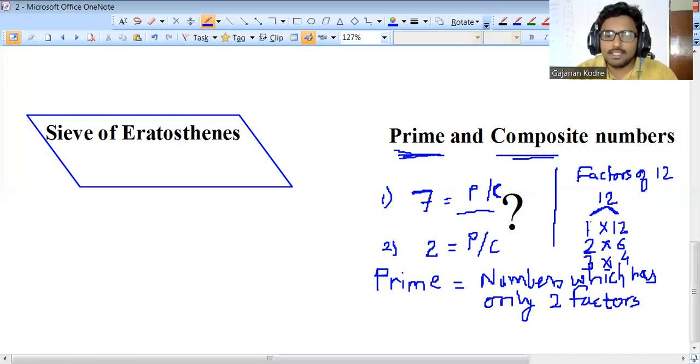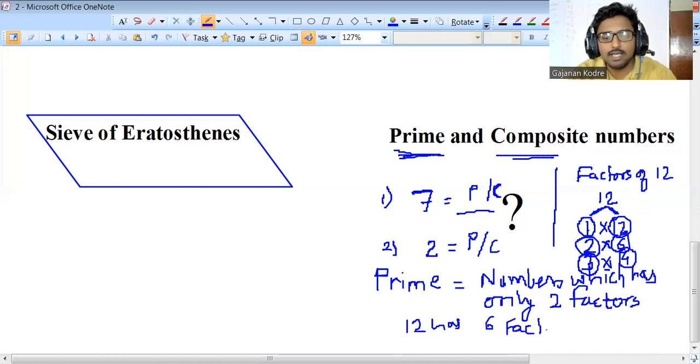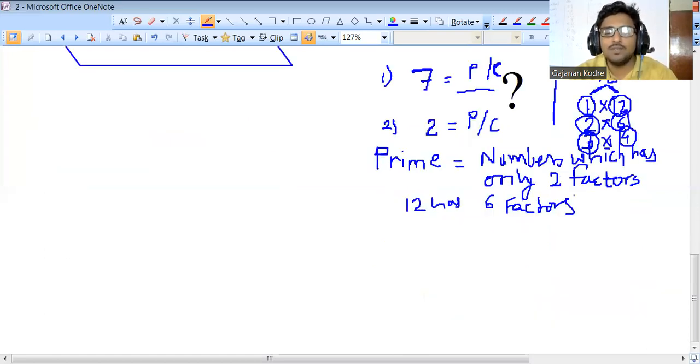So these are the factors of 12. Now, how many factors are there of 12? 1, 2, 3, 4, 5, 6. So we can say 12 has 6 factors. Now look at the definition of prime number. Numbers which have only 2 factors, and now here 12 has 6 factors.